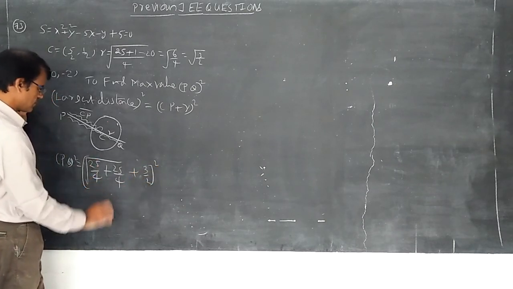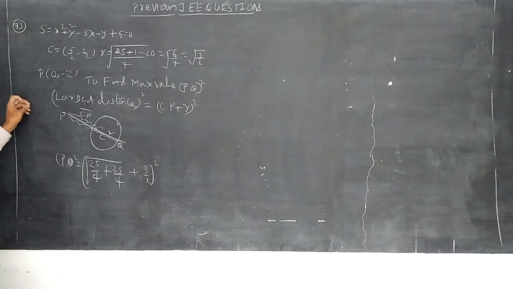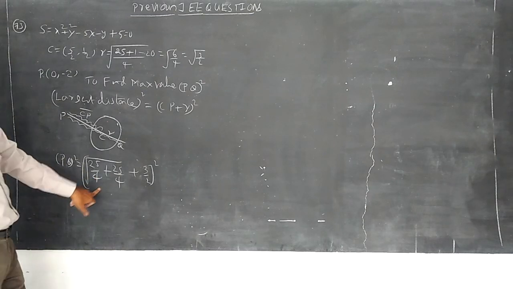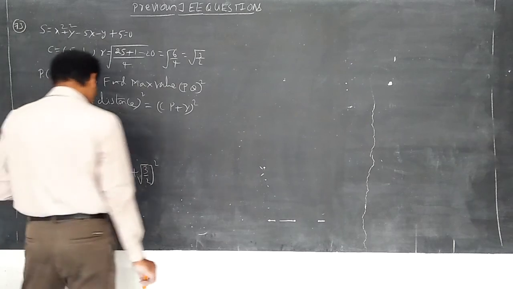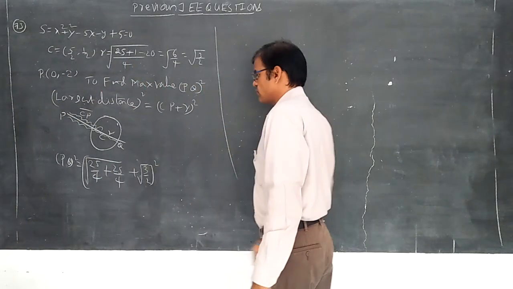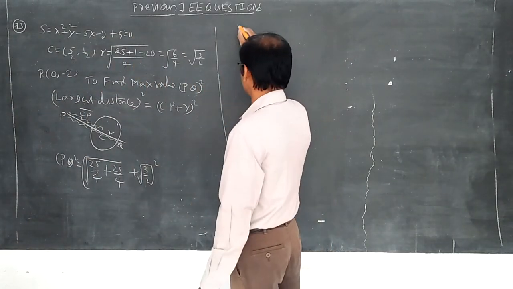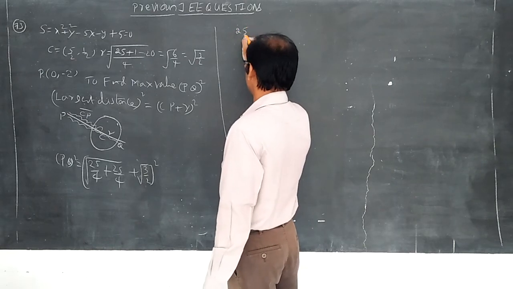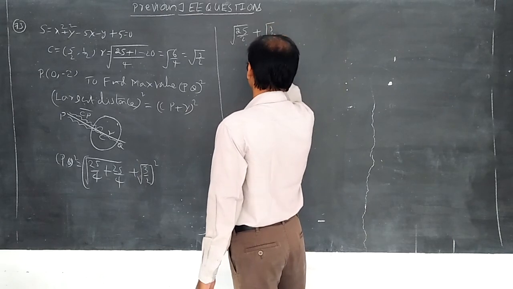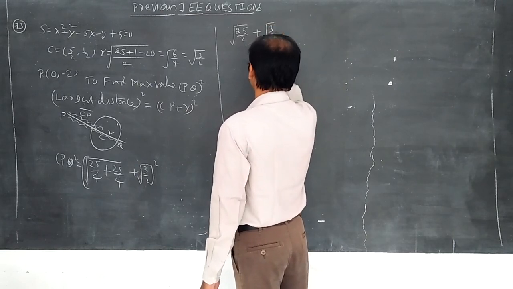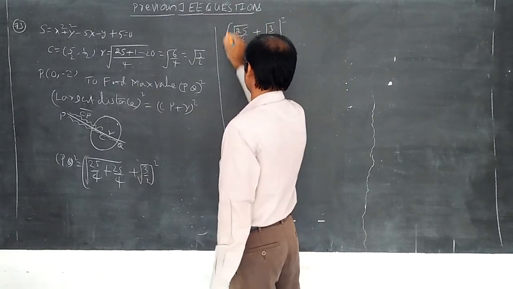CP means distance between 2 points: root of 25/4 plus 25/4, which is 50 by 4, so 25 by 2 over root, plus R which is root 3 by 2, whole square.